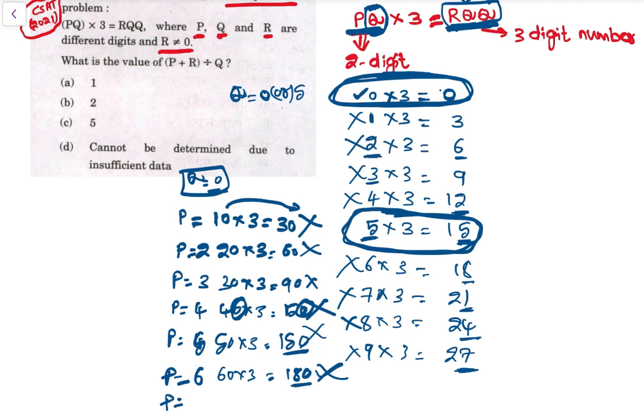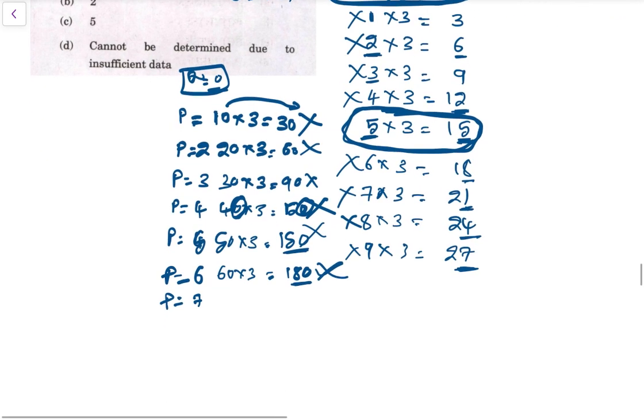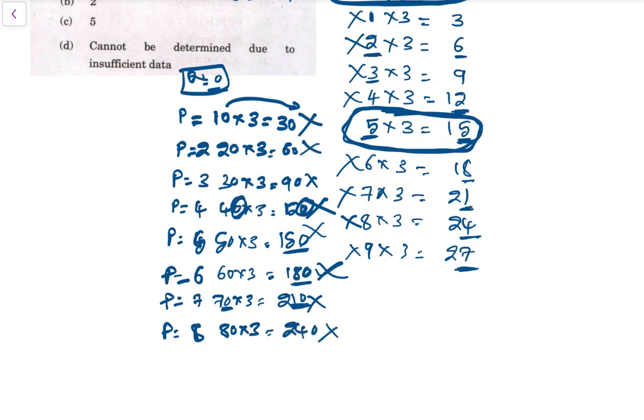Then if p is equal to 7, 70 into 3 is 210, again the q digits are not in the form. Then p is equal to 8, that is 80 into 3 is 240, again not. Then p is equal to 9, that is 90 into 3 is 270, again this is also not in the form of rqqq.